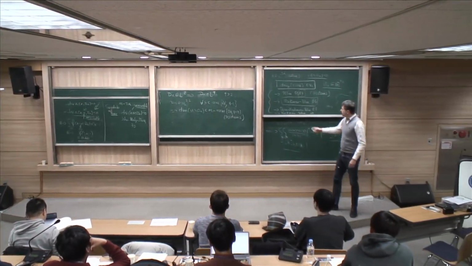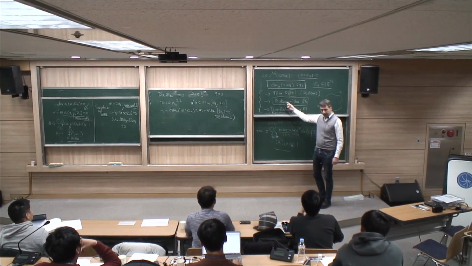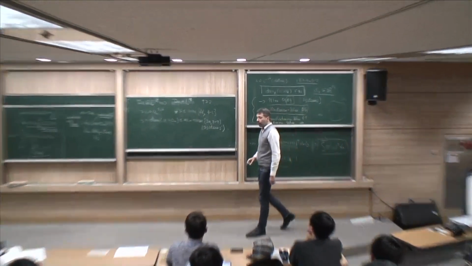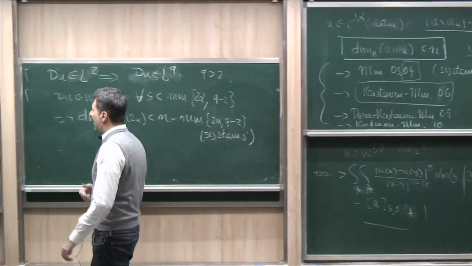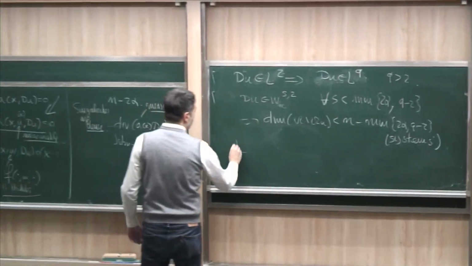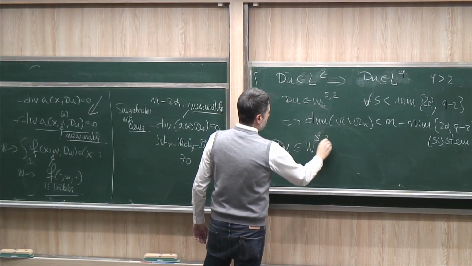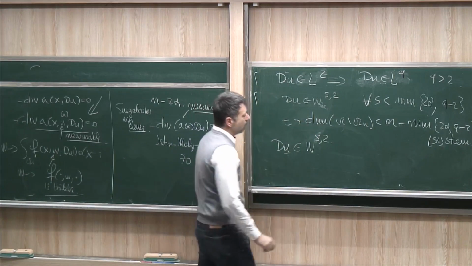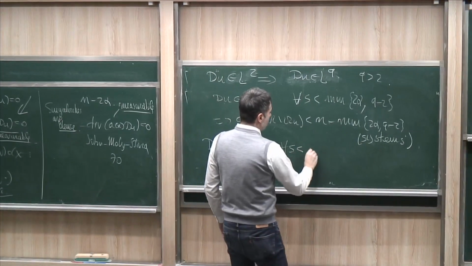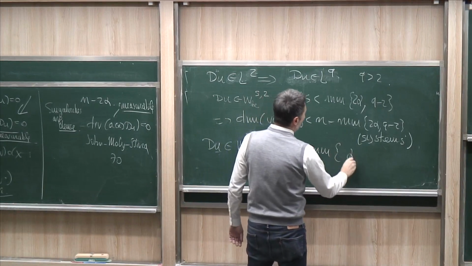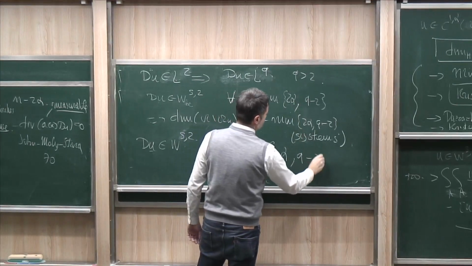And this was done in this paper with Jan Christensen. And there, we were able to prove directly that Du is in W^{s,2} for every s less than the minimum between this, with alpha rather than 2 alpha, and Q minus 2.